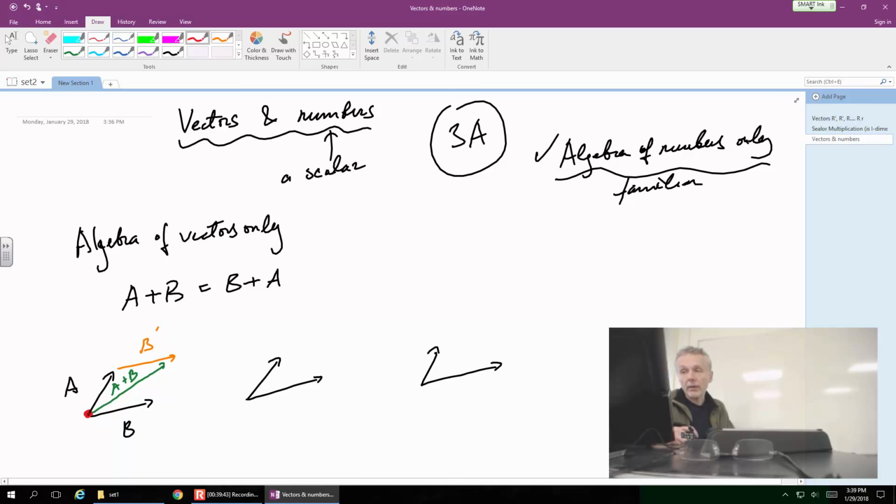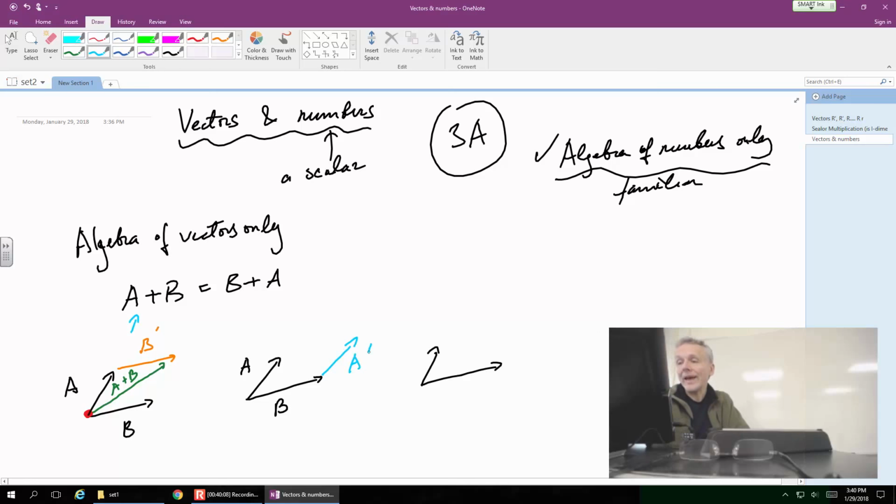On the other hand, the other possibility is to do it the other way. B plus A, that's the right-hand side. So this is one, and then there is the other. Once again, this is still A, still B, so the same exact vectors, but now I take A and attach it to the end of my vector B. So this is my A prime.